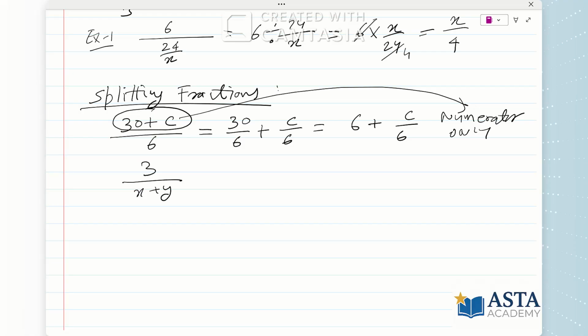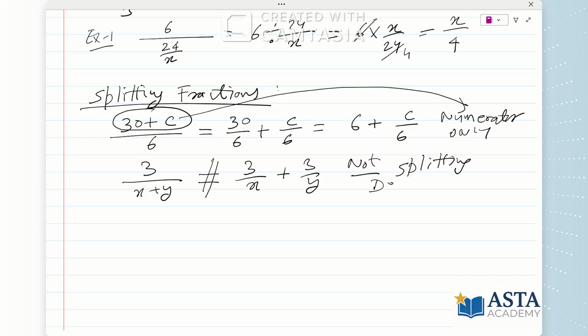Can you split it? Somebody might say this is equal to 3 by x plus 3 by y. Is that correct? No, sir. It's not. So you cannot do the splitting based on additions and subtractions in the denominator.